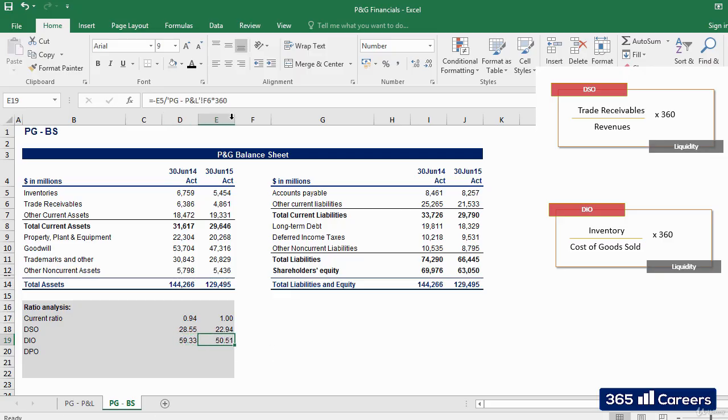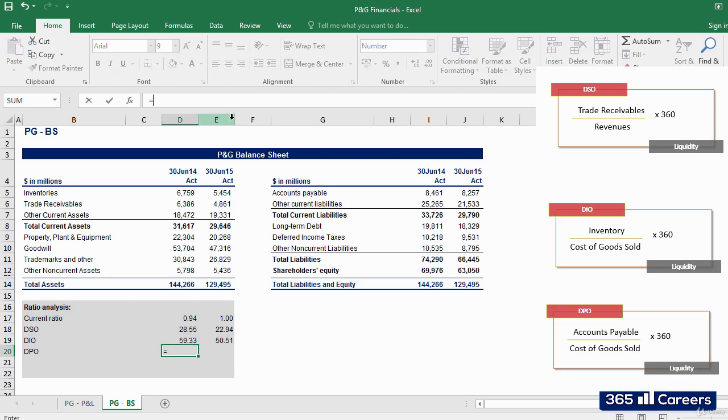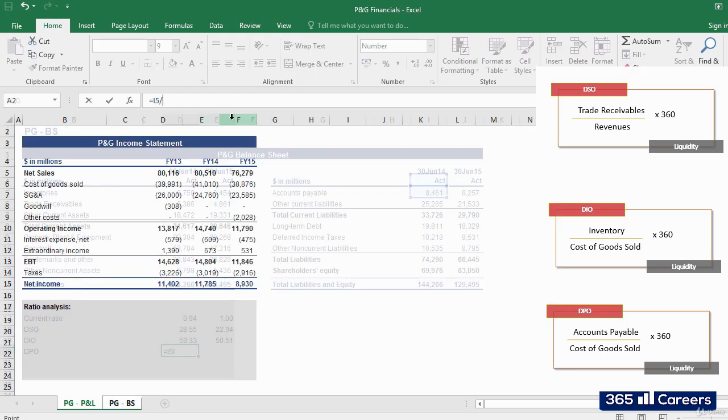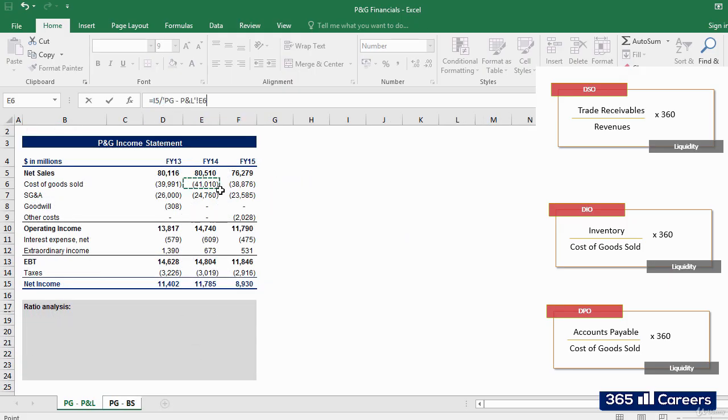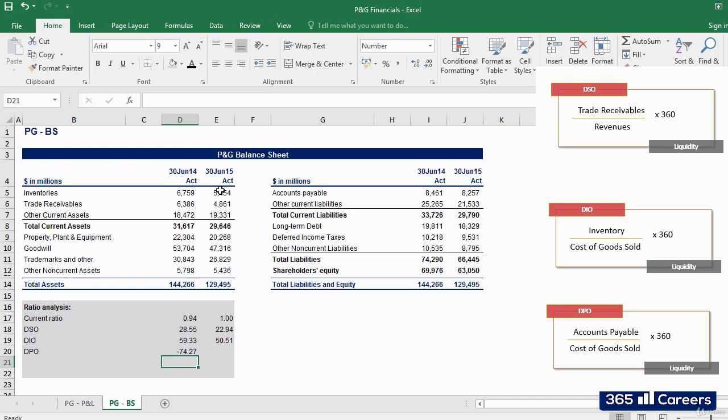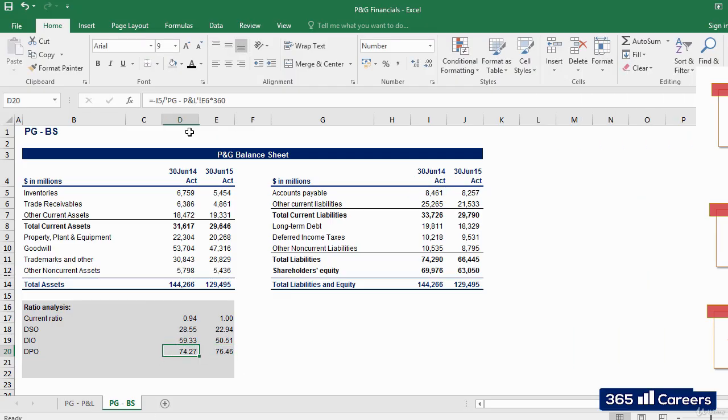Very well. Let's do the same exercise for DPO. We have to divide accounts payable by COGS and then multiply by 360. Again, we'll need a minus sign in front of the formula because we are calculating days, and days can't be negative.